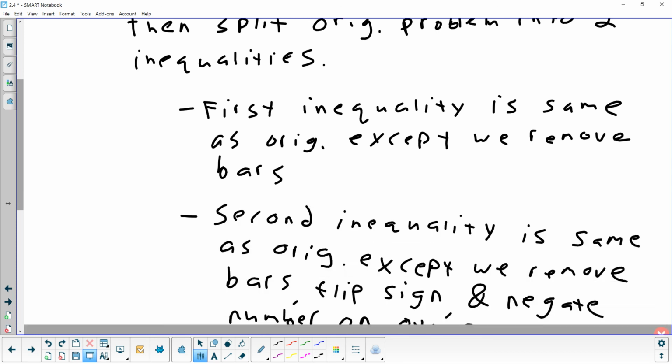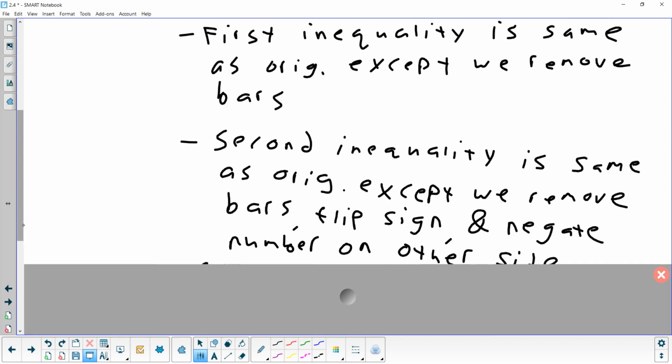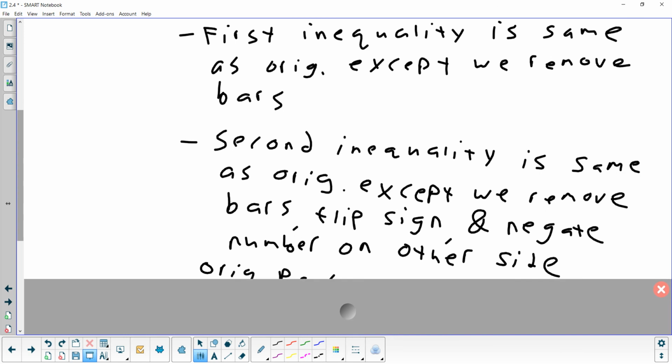And with inequalities, there's one extra step. So we're still removing the bars. We're still changing the sign of the number on the other side. But that's the new step: you also have to flip the sign. Now, when we had two problems yesterday, this is how you always wrote your answer.